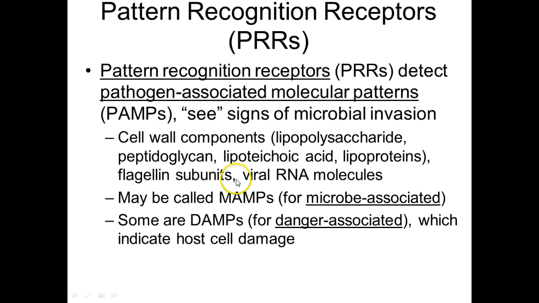So let's look more specifically, what are the types of patterns that are common? So cell wall components of bacteria. Lipopolysaccharide is the outermost covering of what type of bacteria, gram-positive or gram-negative? Negative, because it's part of that outer leaflet of the outer membrane. Peptidoglycan would be the outermost covering of gram-positive.